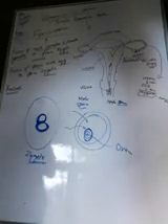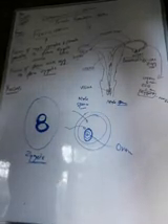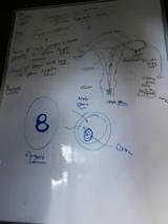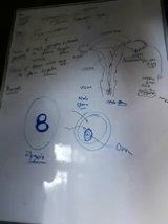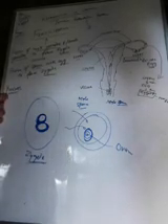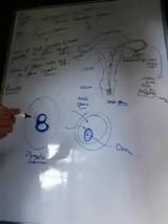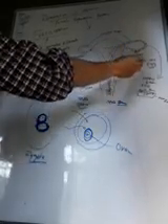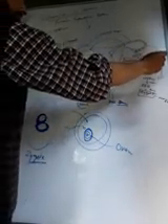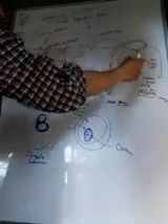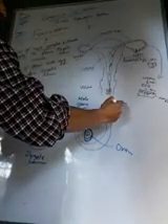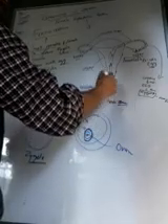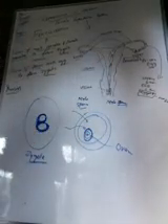Dear students, the process of fertilization is the meeting of the egg cell of the mother and the male cell, the sperm, of the father.